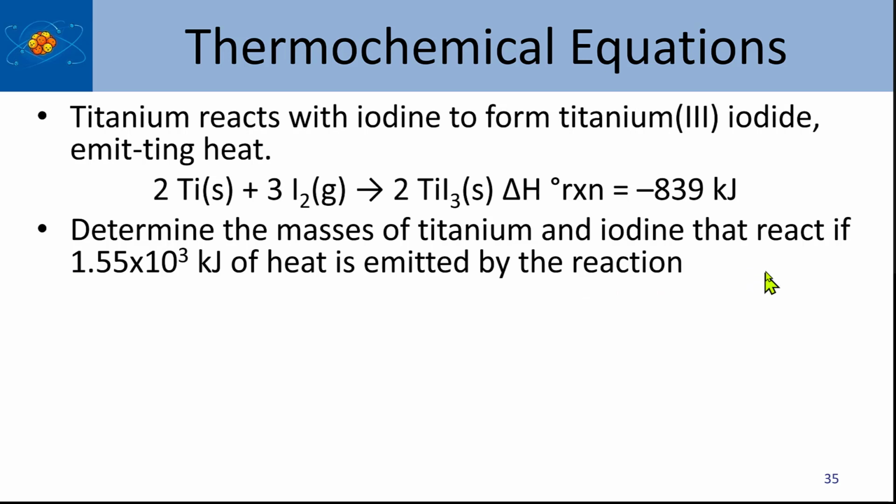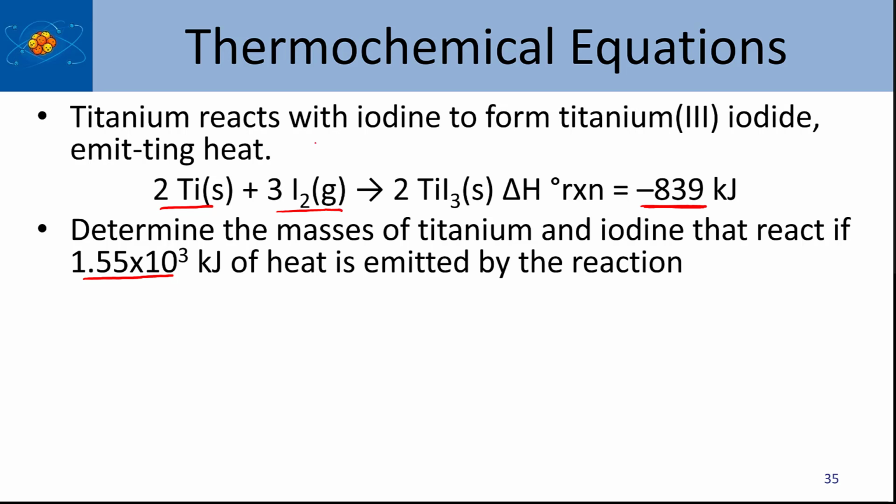Think about how you're doing this, then go ahead and pause and work through it, but I'll give you a starter. Now you're starting with the energy. The energy of the equation can be used to convert to moles of two different substances. That's two different calculations. And once you have the moles of substance, then you can convert it into grams.